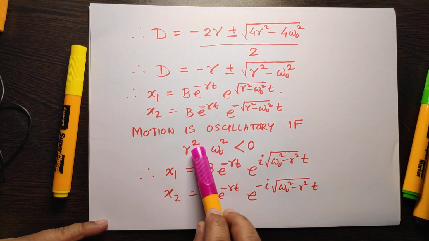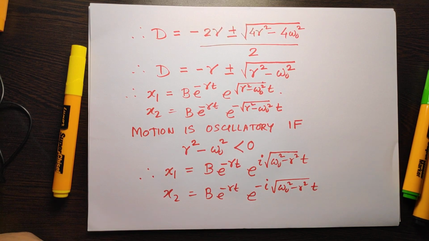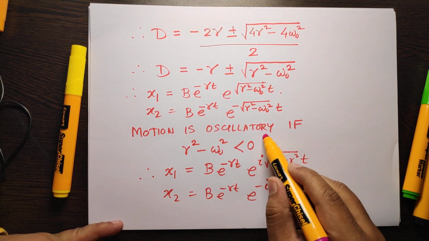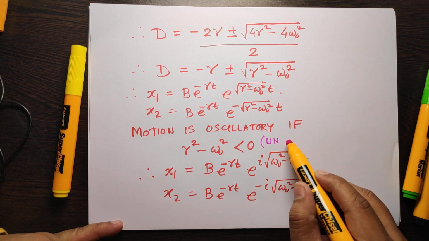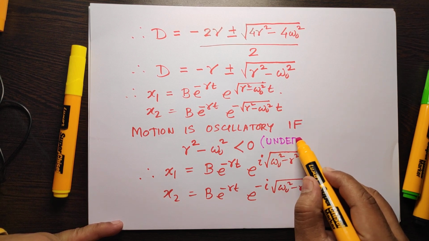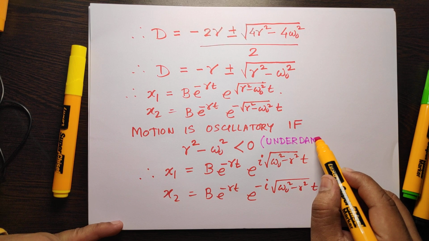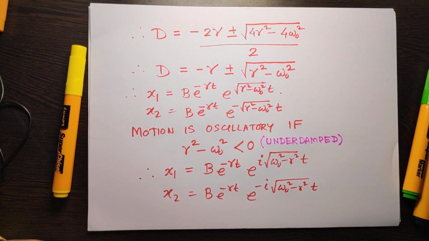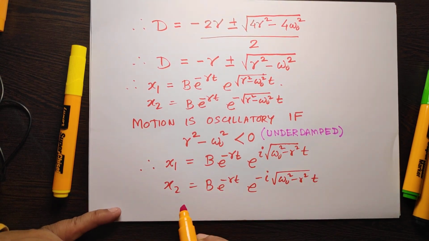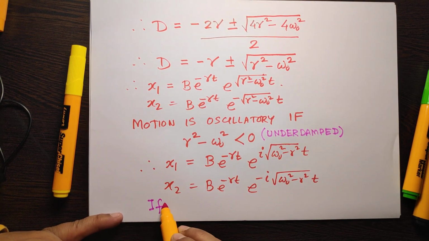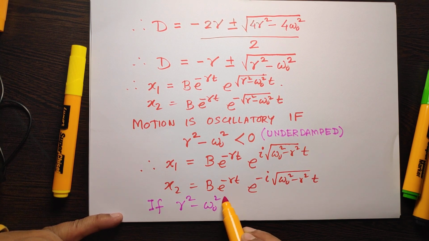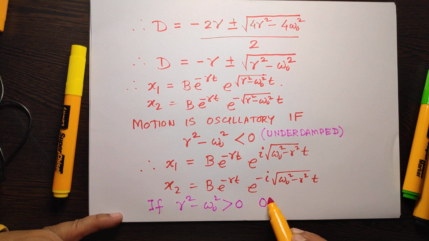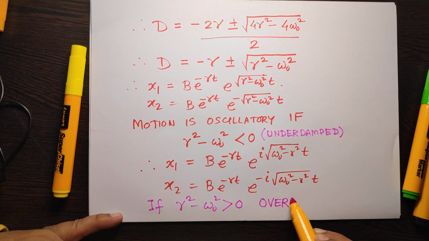If the quantity inside the bracket is negative, this case is known as under damped oscillation. Under damped means the system will oscillate. If gamma square minus omega naught square is greater than 0, then the system is known as overdamped.